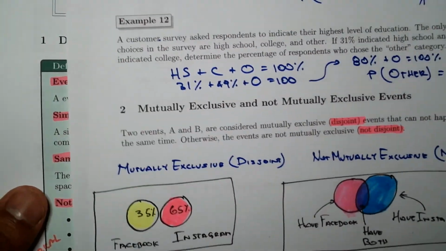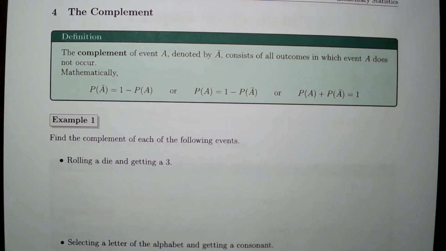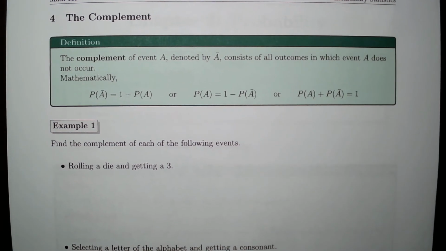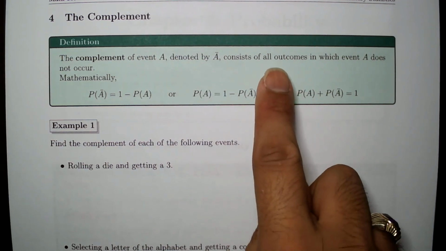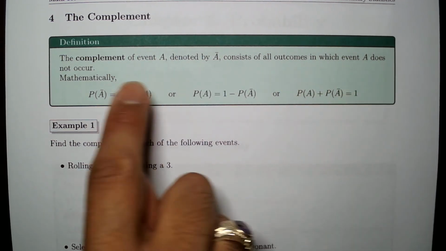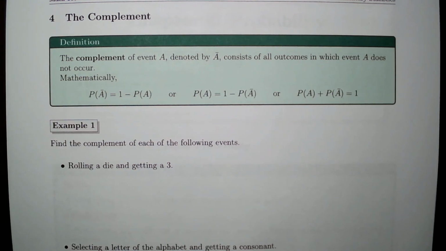Another very important piece of information in probability is the complement. The complement of an event A, denoted by A with a bar at the top, consists of the outcomes in which the event A does not occur.